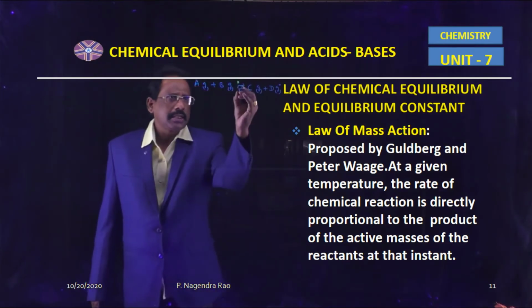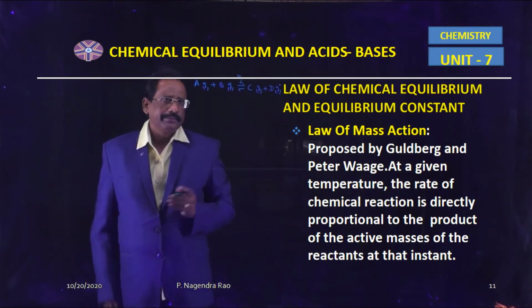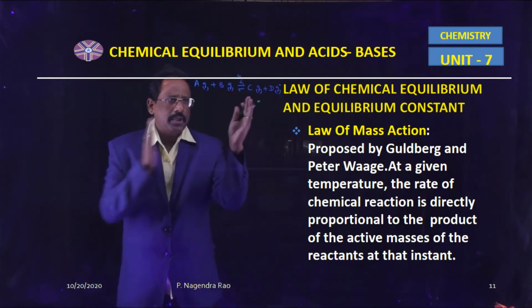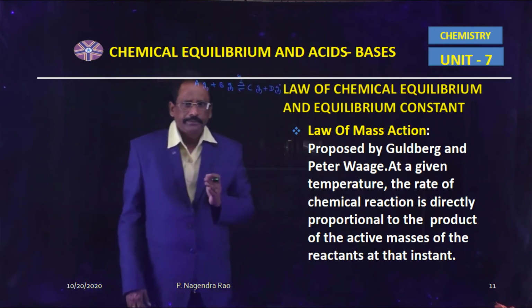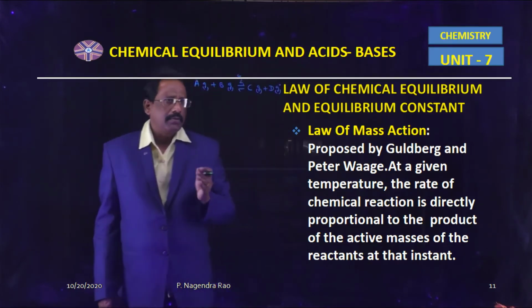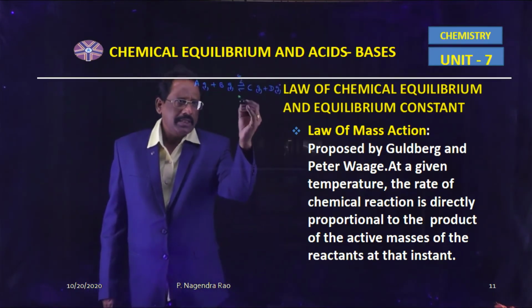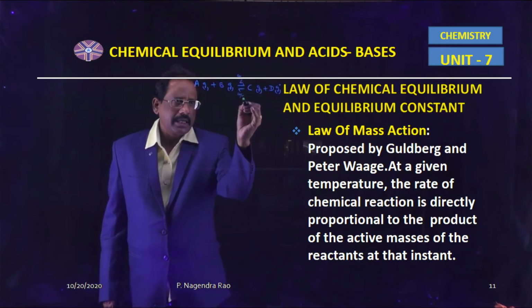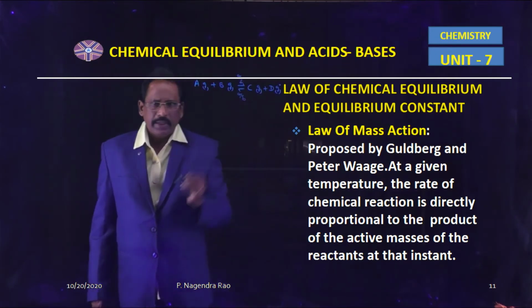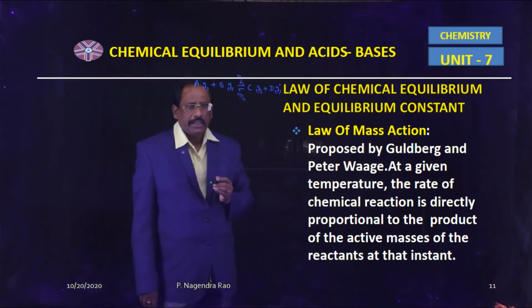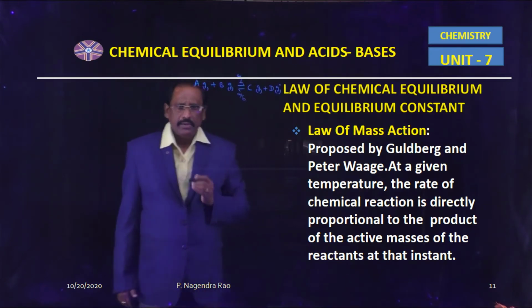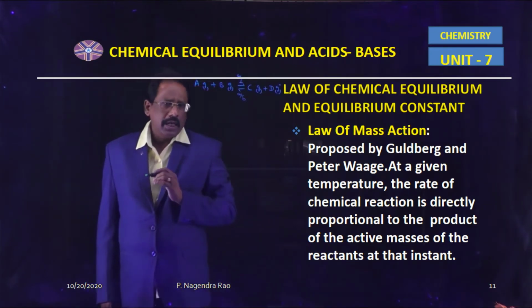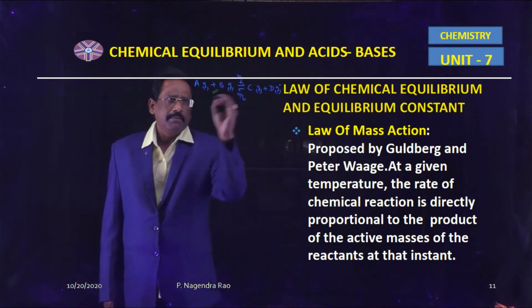Now this is the rate of forward reaction. A plus B gives rise to C plus D. And the reverse reaction is the rate of backward reaction.